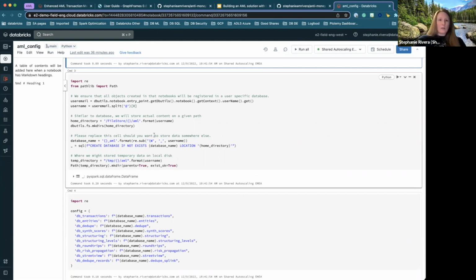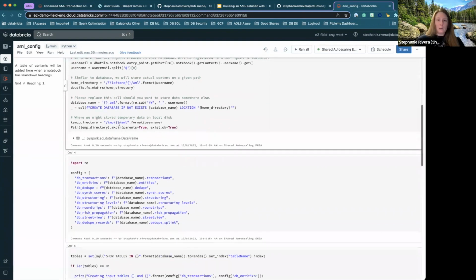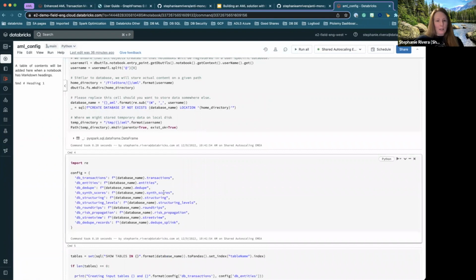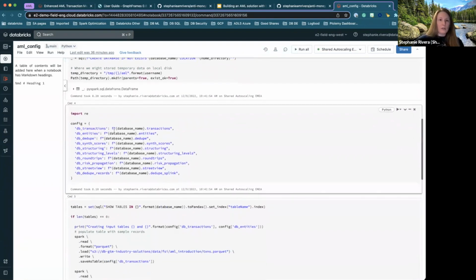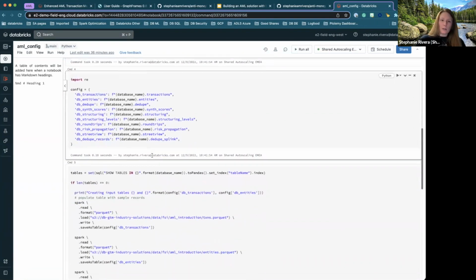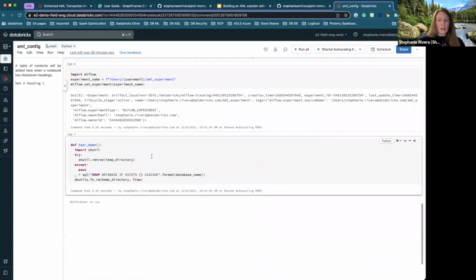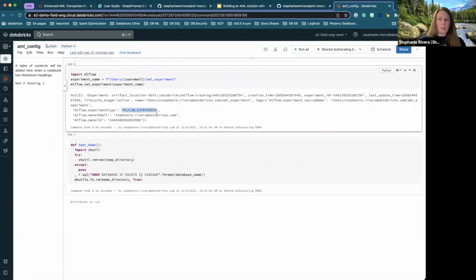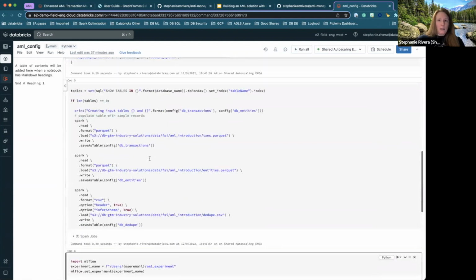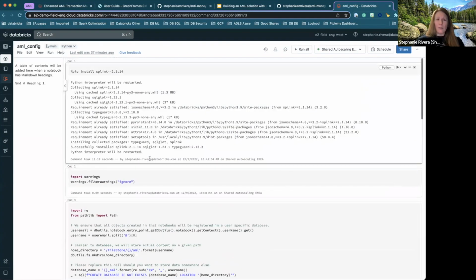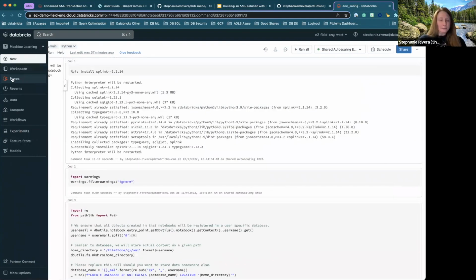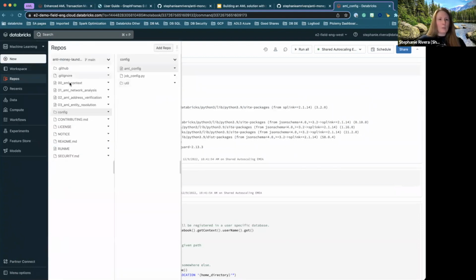This is meant to make sure that we're putting notebooks into our own user directory, creating the database as we need it, and a config for us to put all of the different pieces into the database, just setting everything up. You can see that there's an MLflow experiment that's tracking this as we go. And that's pretty much it for the config file. So we'll jump back into the network analysis.